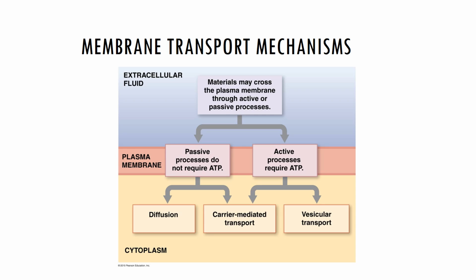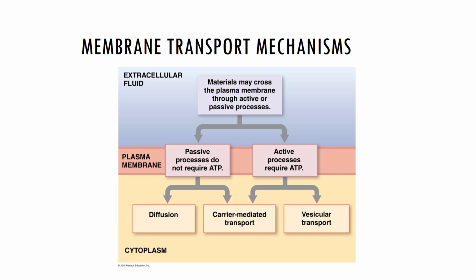Now, for things that can't get through the membrane, there are particular types of membrane transport mechanisms. And we will be examining these different types of membrane transport mechanisms. There's basically two broad categories of membrane transport. Passive processes, where no cellular energy, which remember is ATP, is required, and a substance generally moves down its concentration gradient, going from a higher concentration to a lower concentration.